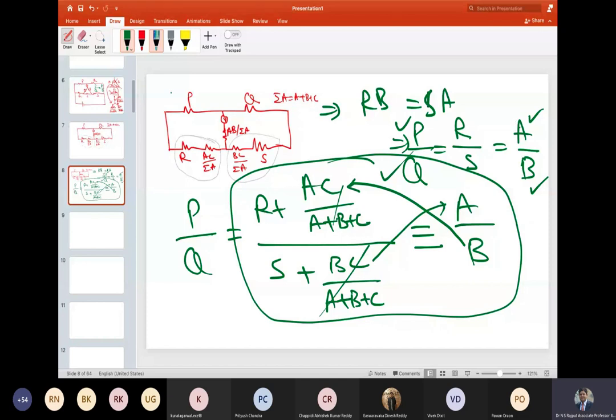So they will also not be affected by the contact resistances.